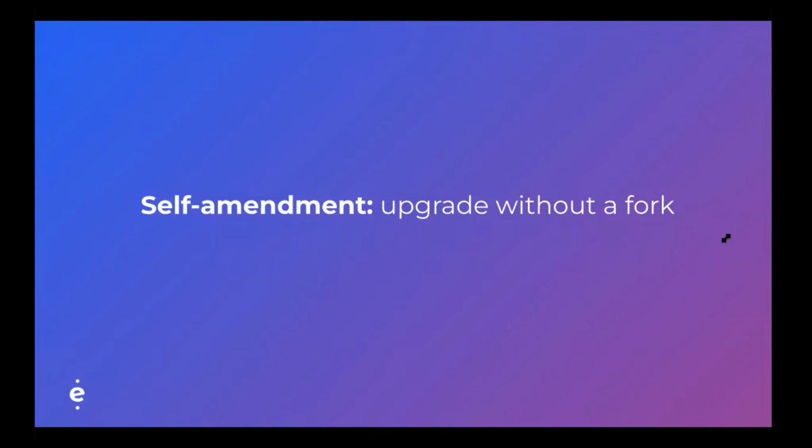But we want to be able to iterate the tech and the code base without starting again and forking, which means giving everyone a new token and a new version of the protocol. You want to be able to subtly improve it, and Tezos has managed to do that, or baked it in by design. Bake being a pun there.